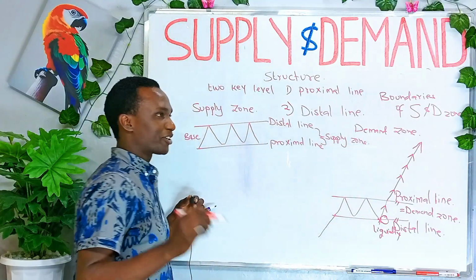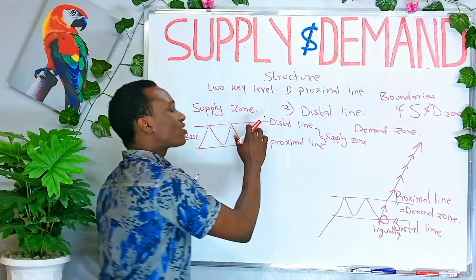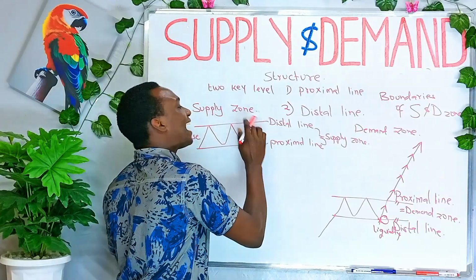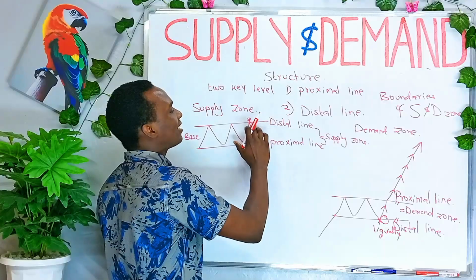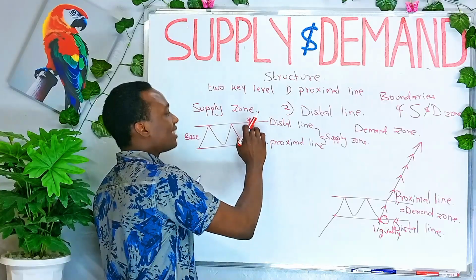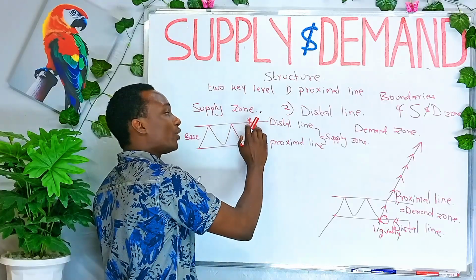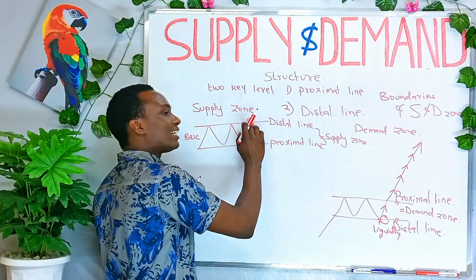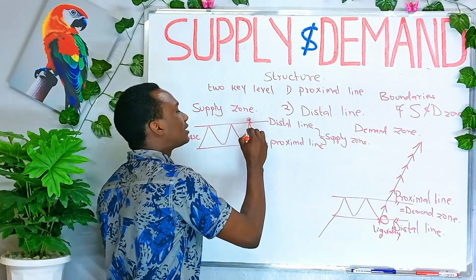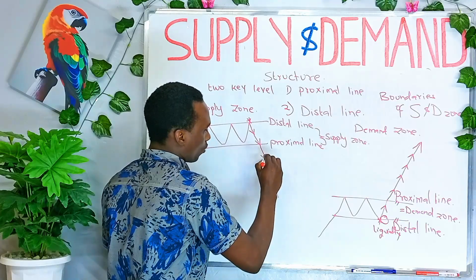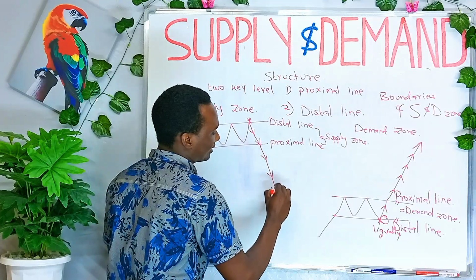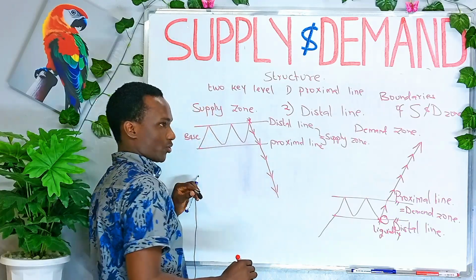Okay, good. So the distal line is placed at the highest wick of this basing candle. This marks the farthest point sellers defended the price before it dropped aggressively, forming lower highs and lower lows.